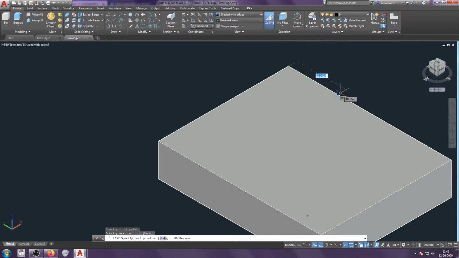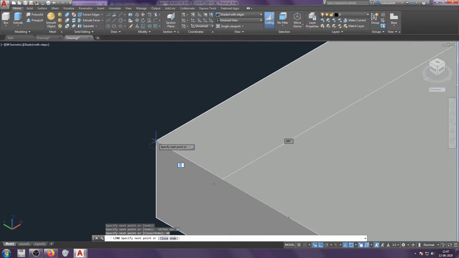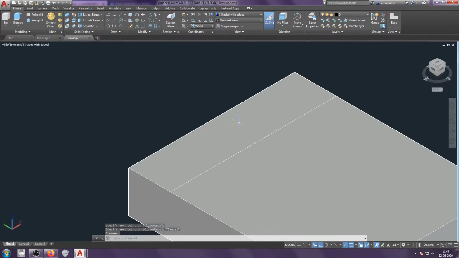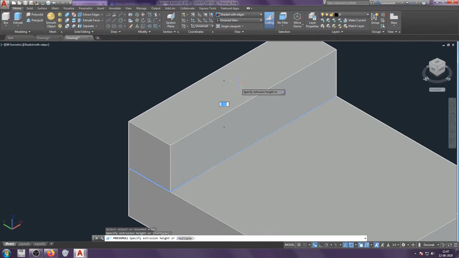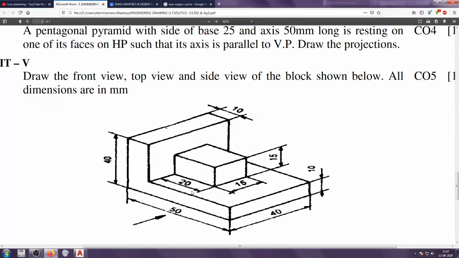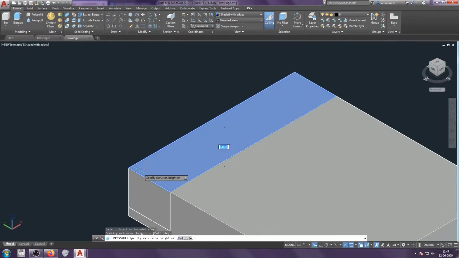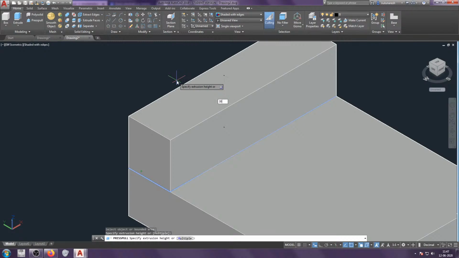Ten. 40. I'm going to take the press pull, select this region. Since we have already allocated 10 mm of dimension, we have to extrude this one to a height of 30.